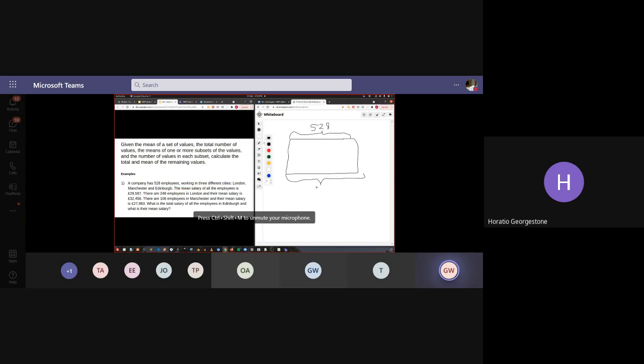I'm not going to write it here because it would take too long, but I'll just put a tick to say we've been given that information. We also know the number of employees in London, which is 248. And we're also told the mean salary of the employees in London is 32,456. So we have been told the mean of this subset.